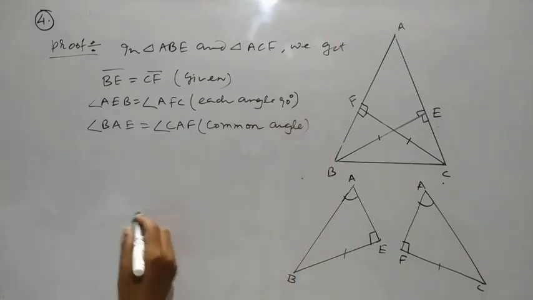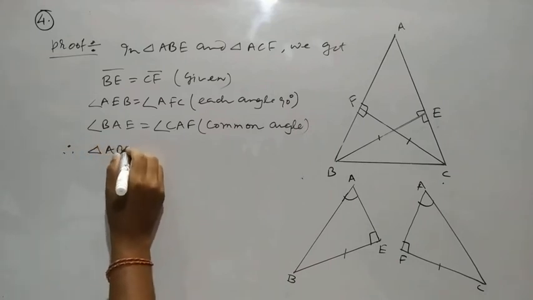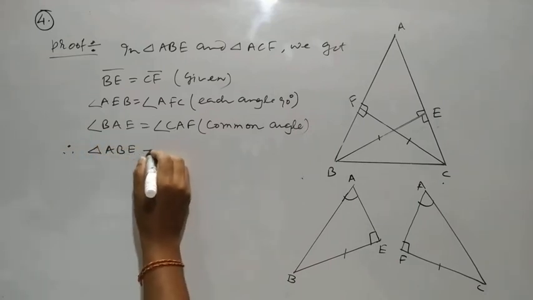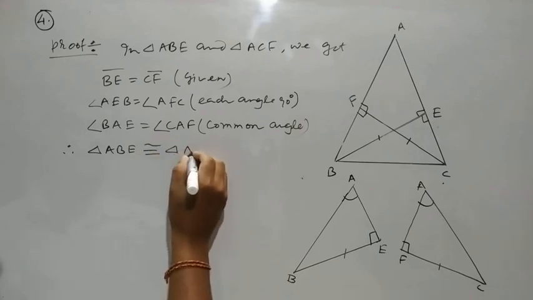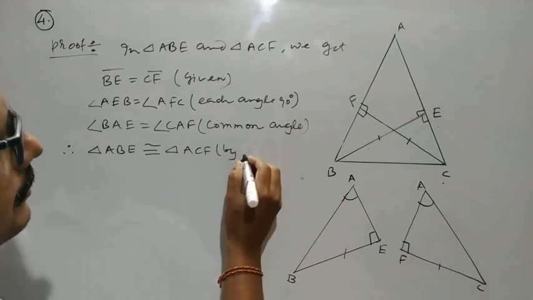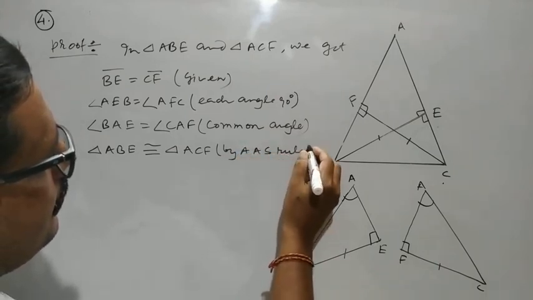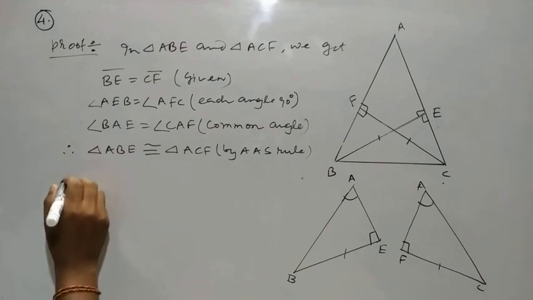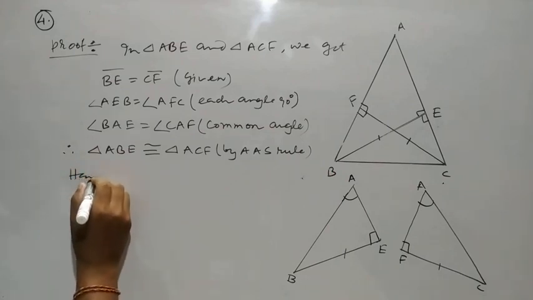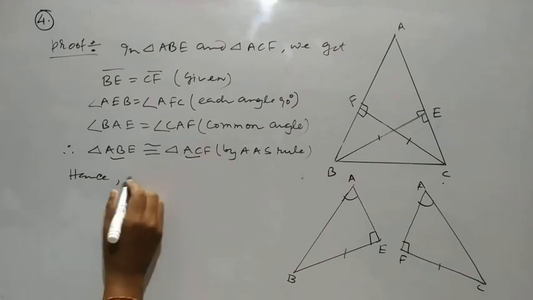Common angle. Therefore, triangle ABE is congruent to triangle ACF by AAS rule. Hence, you see AB and AC are corresponding parts.